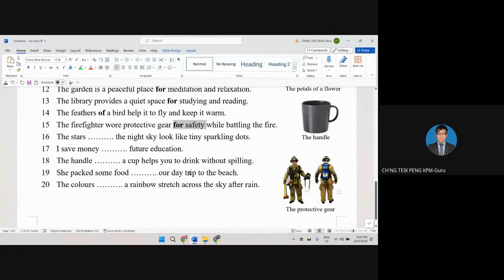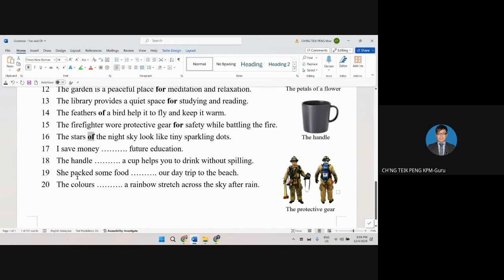Okay, now 16. Zakwan. Yes, teacher. Can you answer 16? The stars of the night sky look like tiny sparkling dots. Very good. Yes, Kaiyuan, you may go to the toilet. So the stars of the night sky. Very good, because the stars are part of the night sky, isn't it? 那个星星是 night sky 的一部分，所以就用 of. Look like tiny sparkling dots.